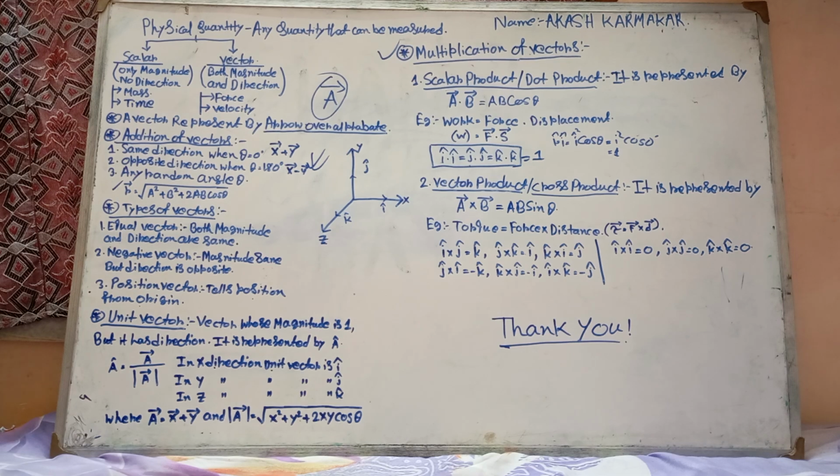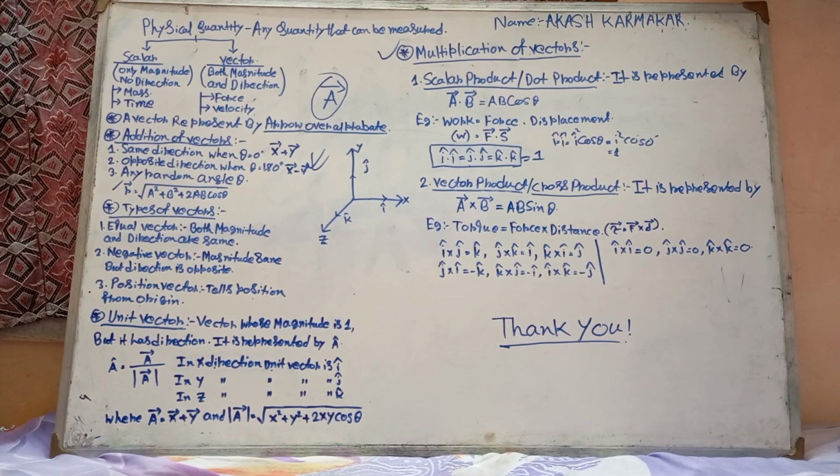The second is how we can represent unit vectors as a dot product. If we take unit vector i cap dot i cap, it gives 1.